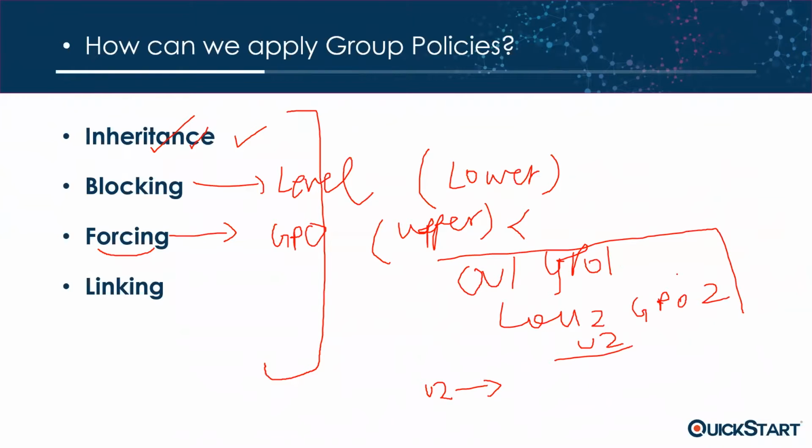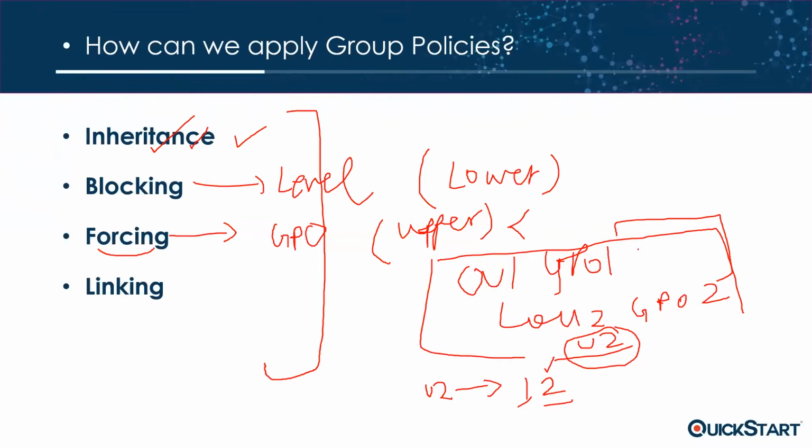He would get GPO2, but he would also get GPO1 because we didn't do any blocking or anything. So the right answer is user 2 under OU2, which is a child of OU1. The policies given will be GPO1 and then GPO2, which means in case of conflict, which wins? GPO2. Why? Because our rule is last one wins, right?